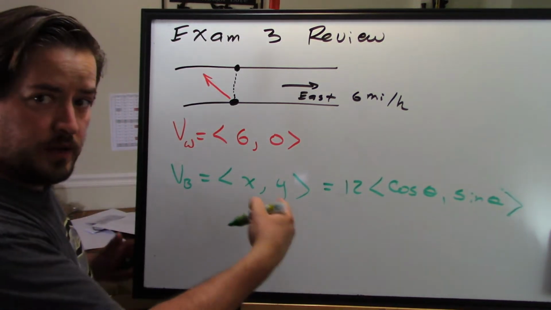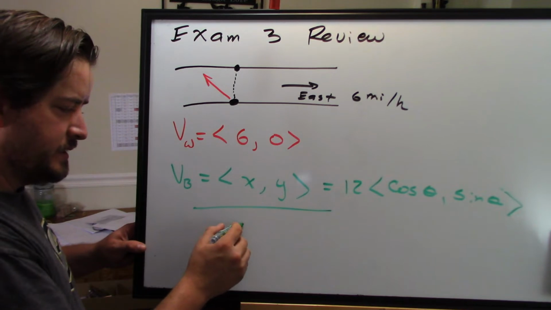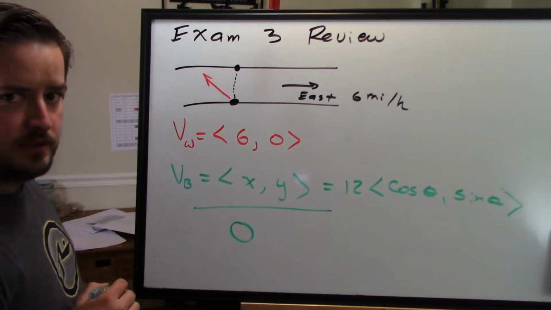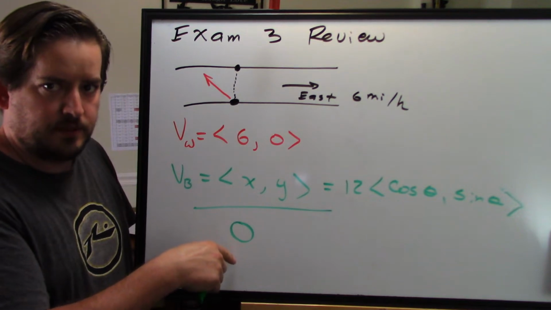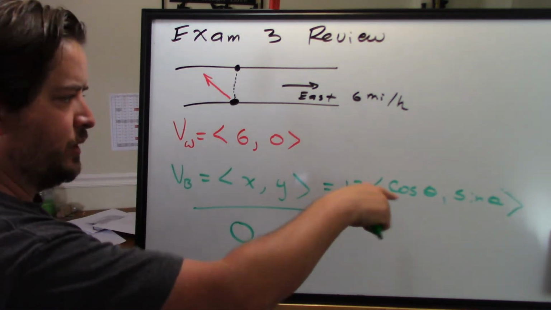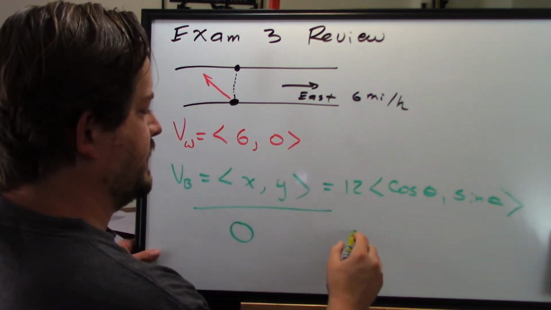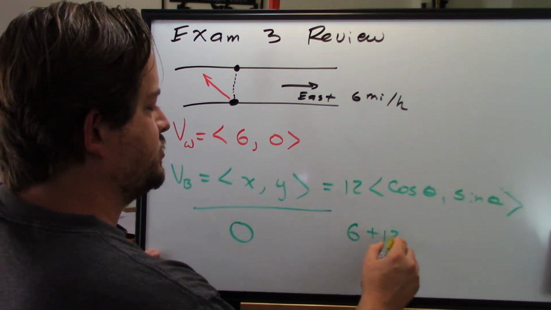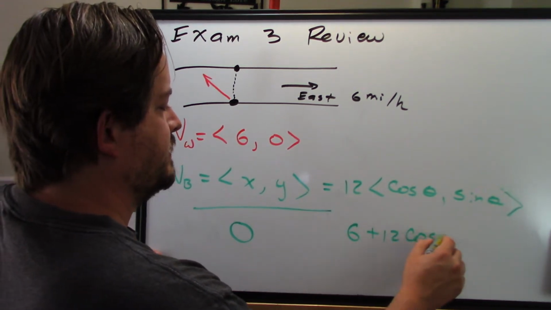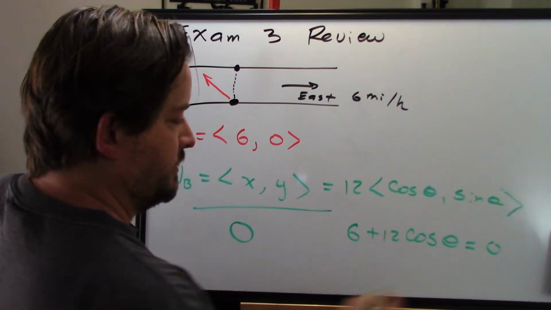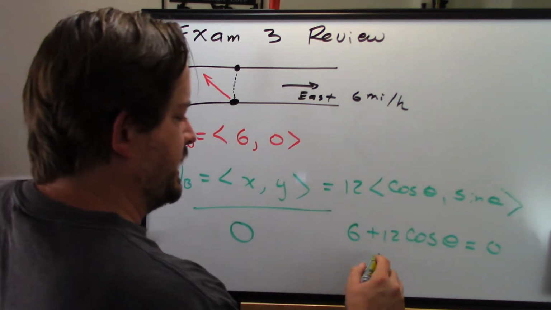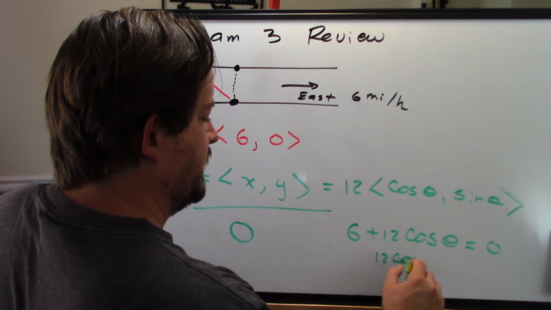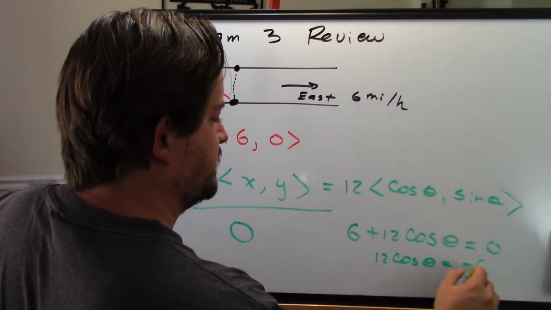And what I really want is for these two to add up to give me 0 in the x direction. That is to say, I want 6 plus x to equal 0, right? But x is 12 cosine theta, so I want 6 plus 12 cosine theta to equal 0, right? And if I subtract 6 from both sides, I get 12 cosine theta equals negative 6.